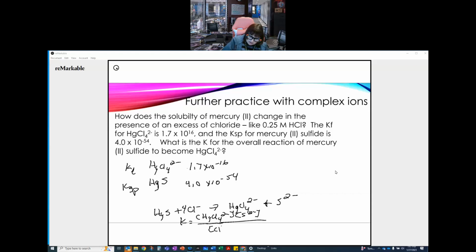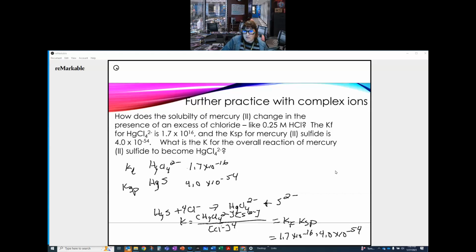Over the Cl minus concentration to the 4th. Okay, so that's the overall K, and that's going to be equal to the Kf times Ksp. And that's equal to 1.7 times 10 to the 16th times 4.0 times 10 to the minus 54th. Okay, so that value would be the K that we're looking for the overall thing.